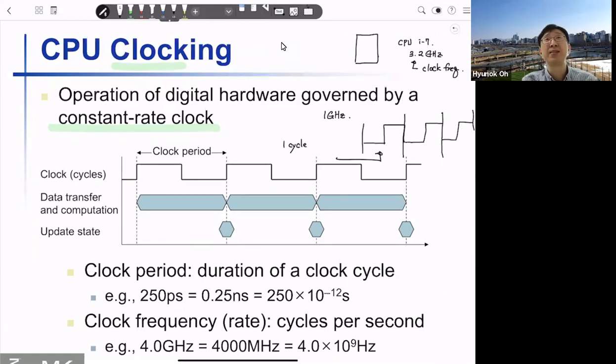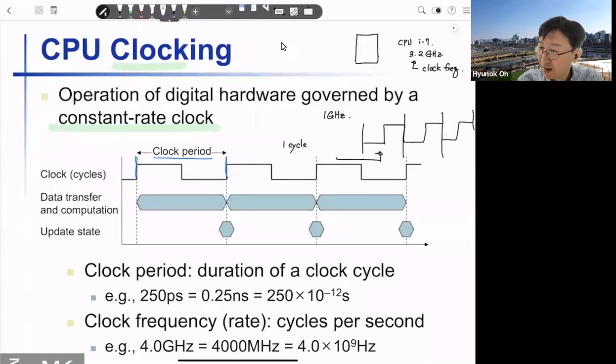Then we say this is a 1 gigahertz machine. From the start to the end, it periodically repeats; that is called the clock period. In the 1 gigahertz case, there are 1 giga clocks per second.